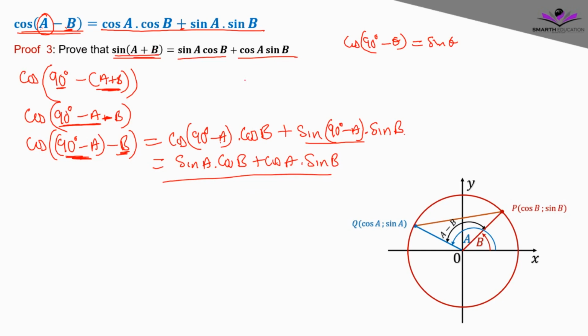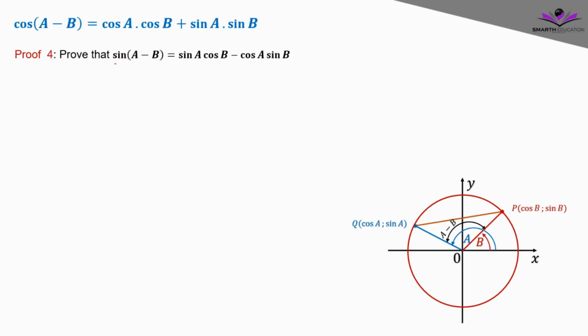Let's do the fourth one. Now I want to prove that sin(A - B) is equal to this. We're using this. Okay, so how can we make this one look like this? Again, we use the co-ratios. So cos(90 degrees - (A - B)). Okay, if we check, this is the same as sin(A - B), isn't it? Okay, let's remove this inner bracket.